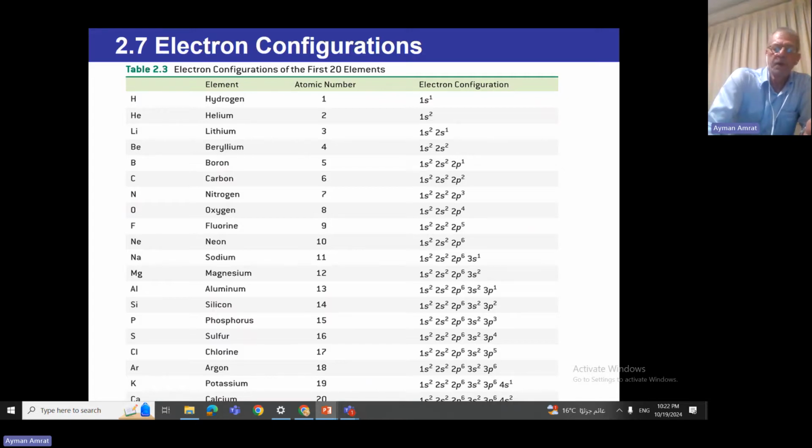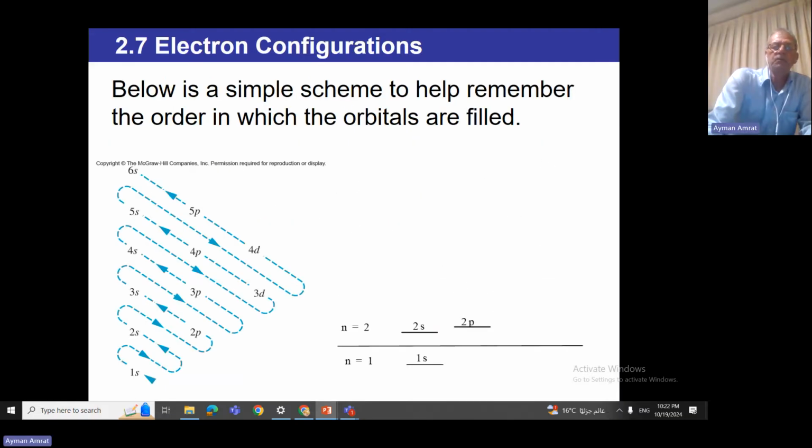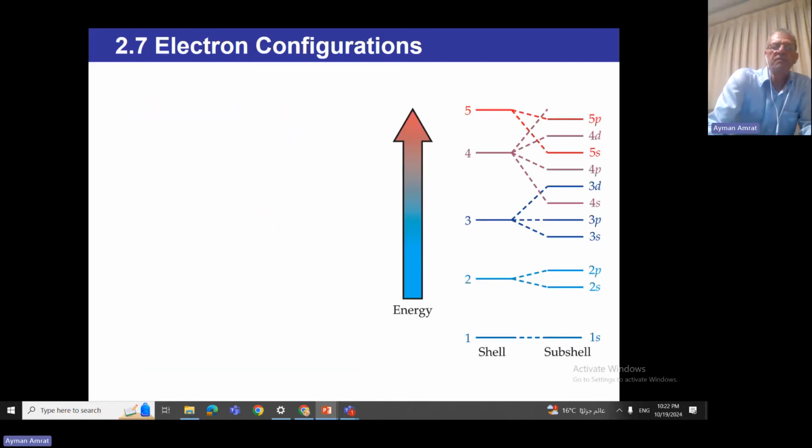Obey, or apply, the 3 rules for electronic configuration again. Rule 1, start the electronic configuration from the lowest energy level.